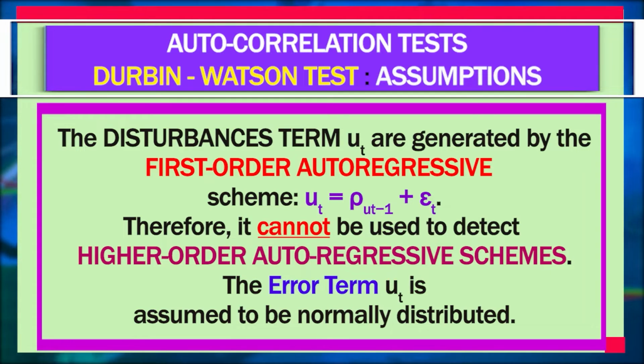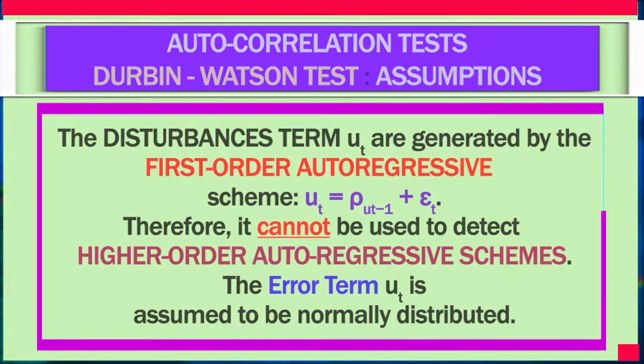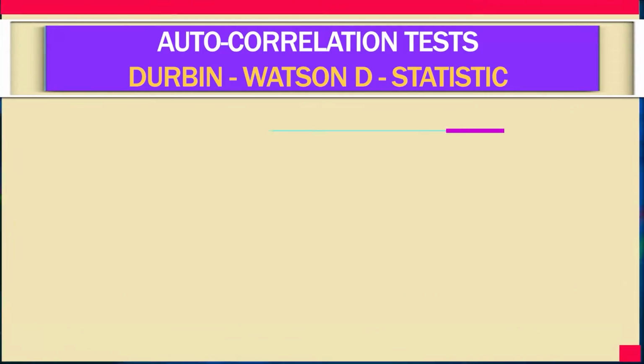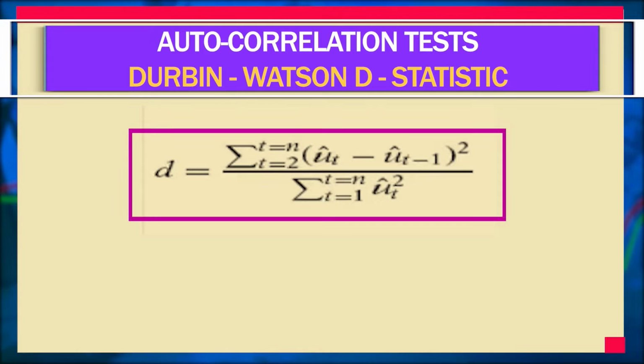In case of any higher order, the Durbin-Watson test will not be applied, and the autocorrelation coefficient will be of order 1. Then only this test can be applied. And then the ut should be normally distributed. Given this set of assumptions, we can put forward the application of the Durbin-Watson test.